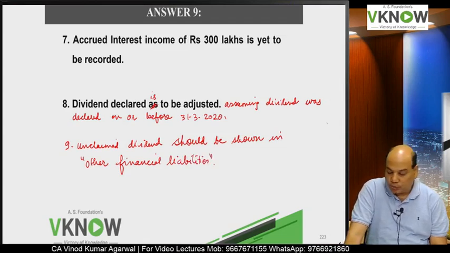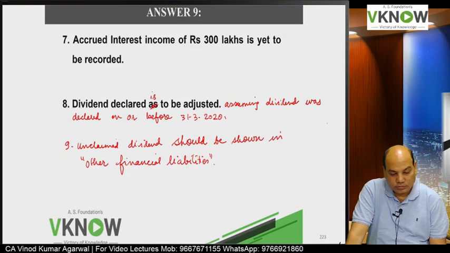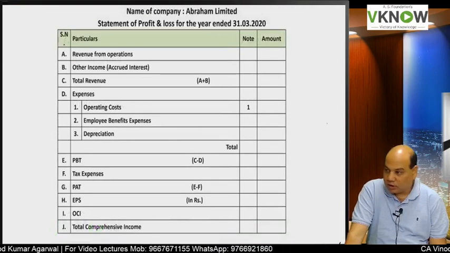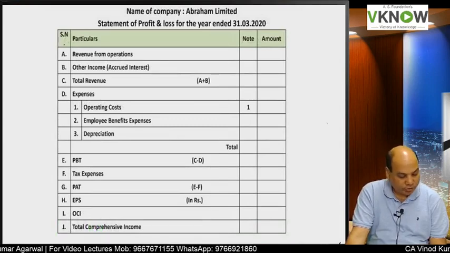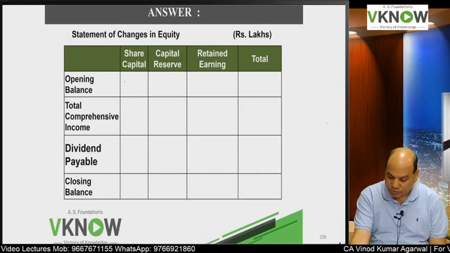This way you can improve your answer. Write everything which is possible. So can we start in the same manner? Yes. Share capital, where do we write? SOCI, opening balance, share capital 1000.